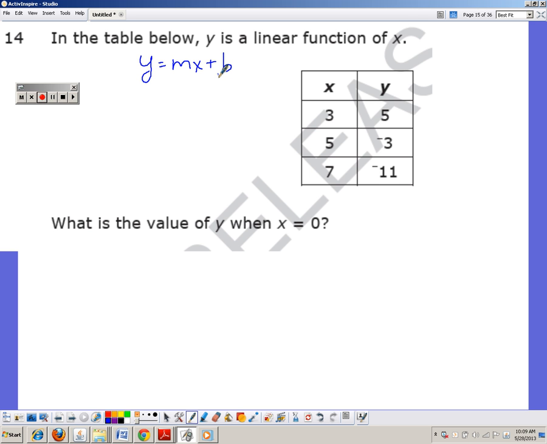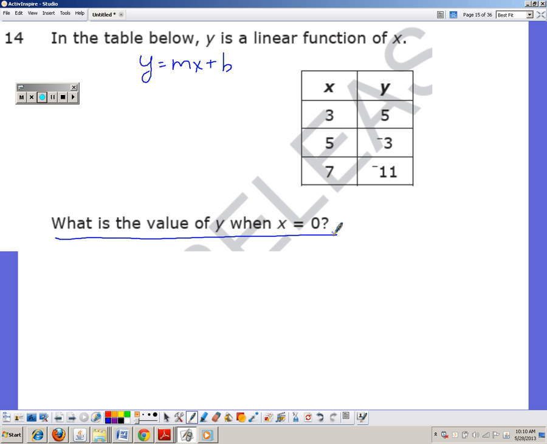So, again, you have to find your y-intercept and you have to find your slope. They want you to find what is the value of y when x is 0. So that means find your y-intercept. Okay? Because at your y-intercept x is always equal to 0.